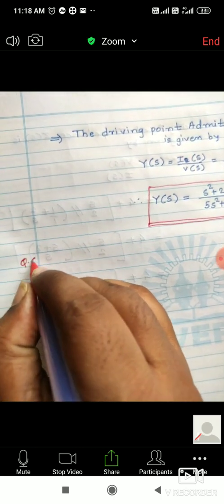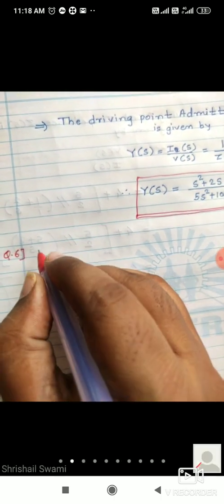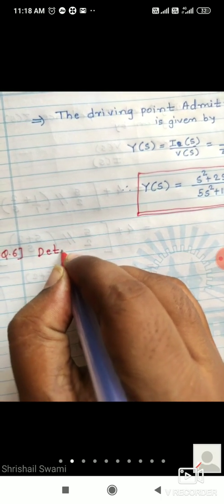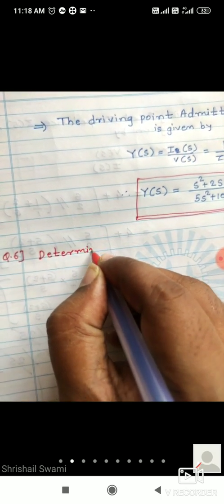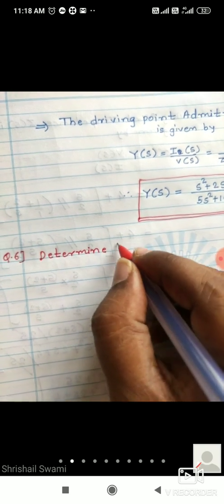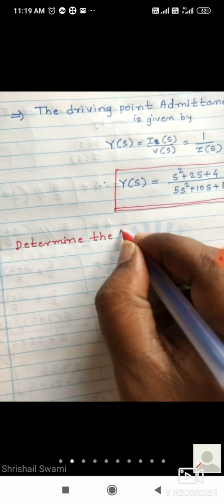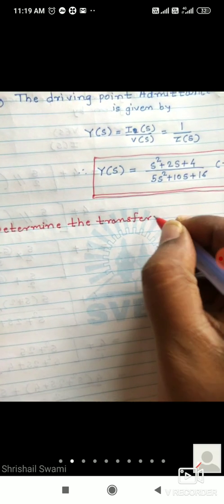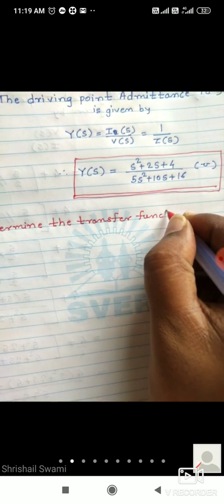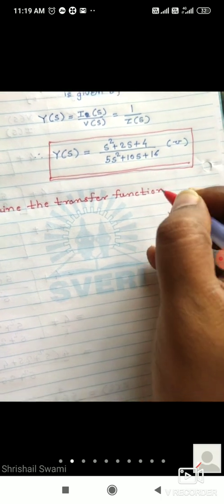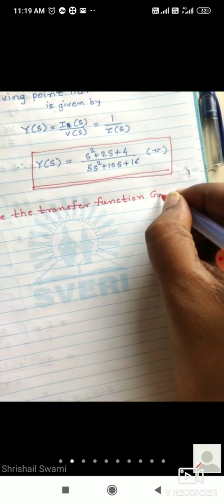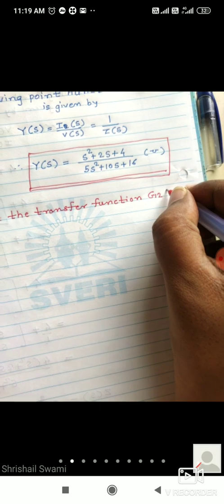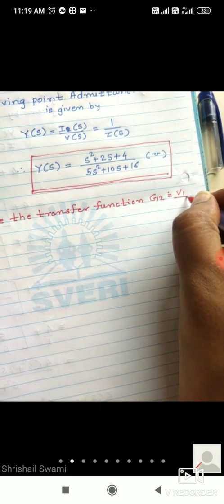So question number 6: determine the transfer function G12 is equal to V1 upon V2.